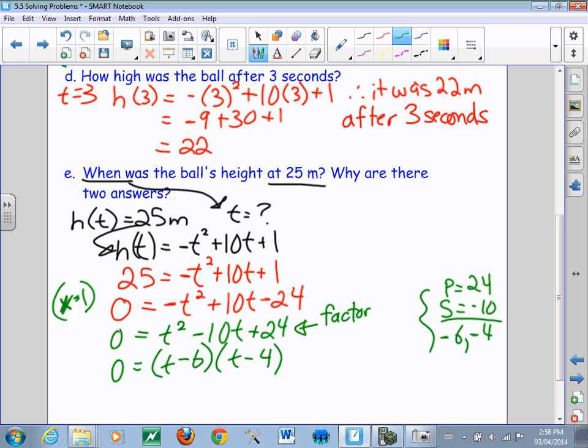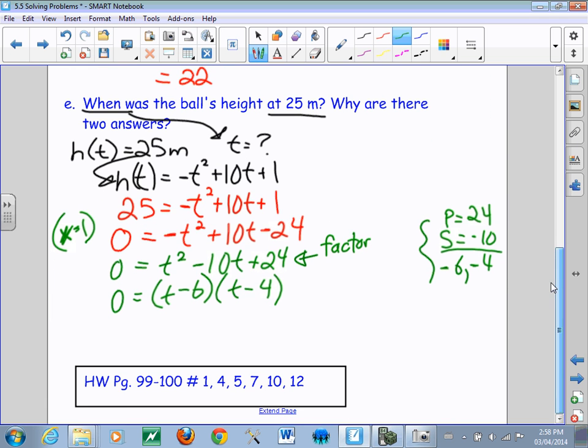And finding the actual answer, because the left side has to equal the right side, how do we get the right side to equal 0? You let each bracket equal 0, so t minus 6 equals 0. Solve for t equals 6. Likewise, the other bracket could equal 0, so t equals 4.